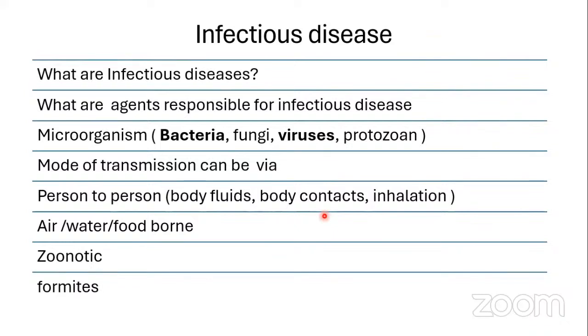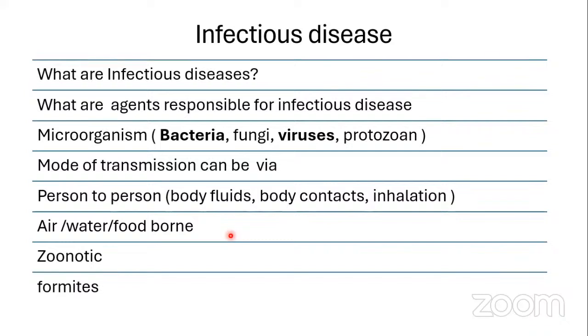Another form of person to person is by inhaling. When an infected person coughs and another person inhales the spores of the bacteria, then the person can be infected. So another form of infectious disease transmission is by air.